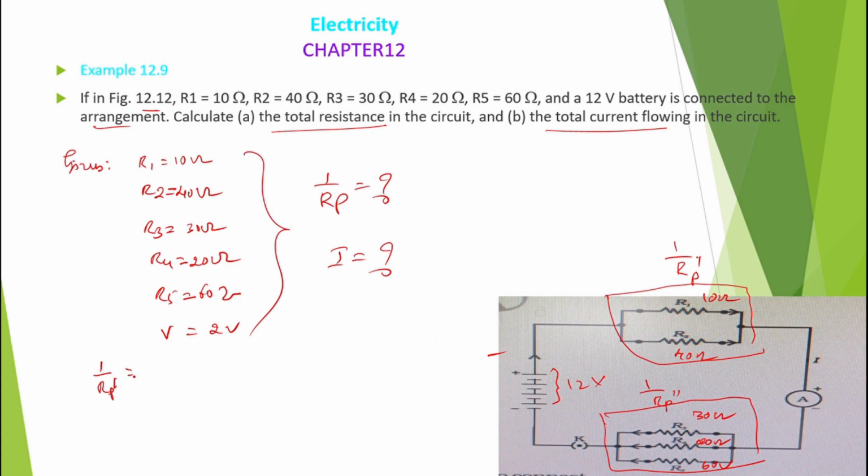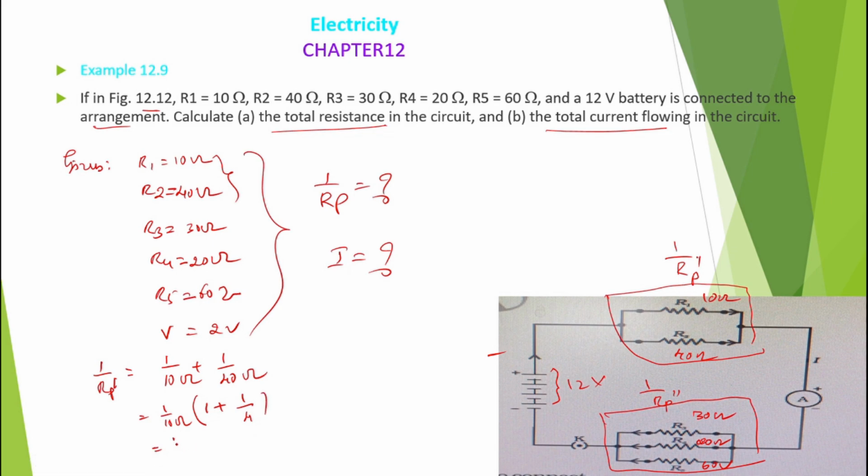Here it is 1 divided by 10 ohm plus 1 divided by 40 ohm, these two. So I will take 1 by 10 as a common factor. These are big numbers, I want to reduce this, that's why I am taking the common factor. Here I got 1 plus 1 divided by 4.